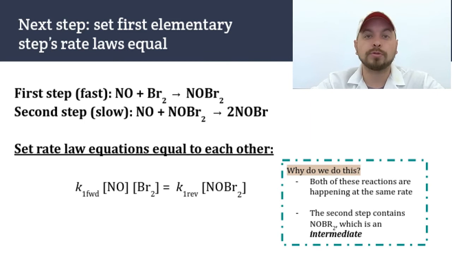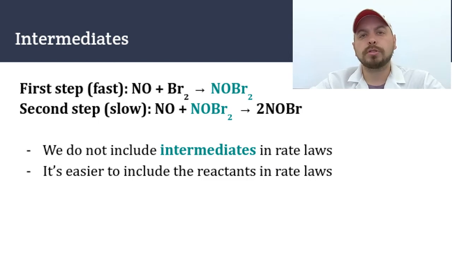at rates, and those rates are equal. The reason we're doing this, though, is because that second step, the rate determining step, has NOBr2 in it. That's an intermediate. Now, in most circumstances, we do not have the capacity or ability to include intermediates in rate laws. It's much easier to include the reactants in rate laws.